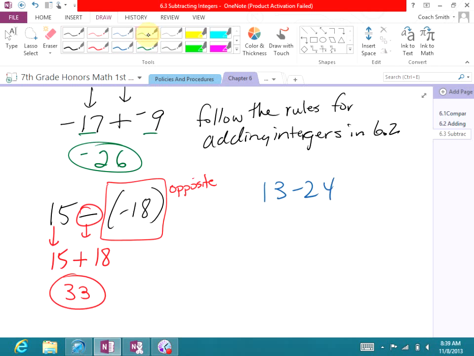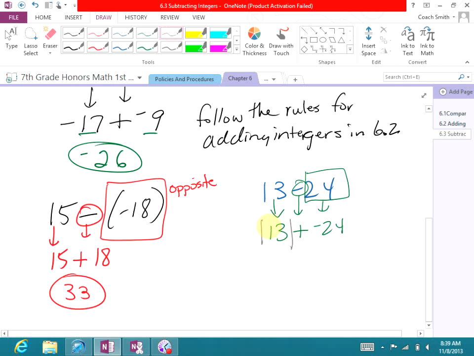We can do that problem by simply following the rule. 13 stays the same. We change the subtraction to addition, and we do the opposite of 24, which is negative 24. So that's our new problem, 13 plus negative 24. Now, that problem, we must take the absolute value of 13 and negative 24.